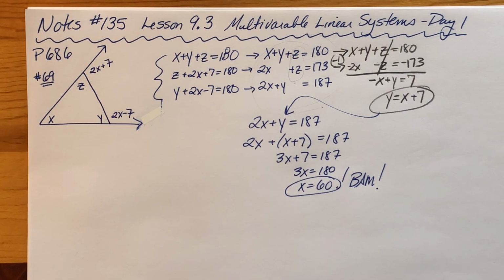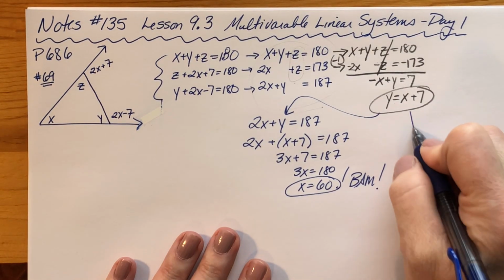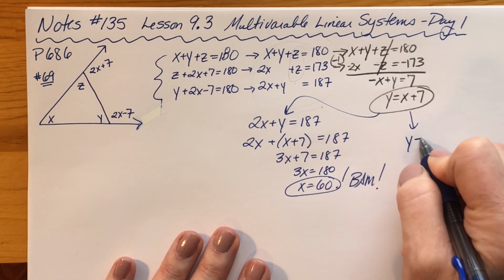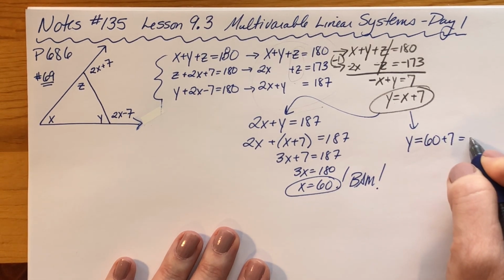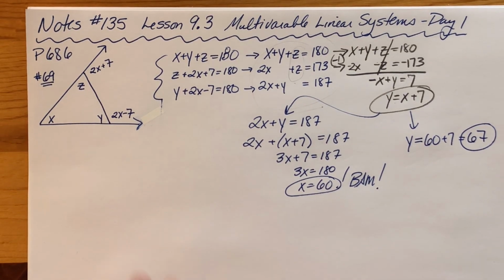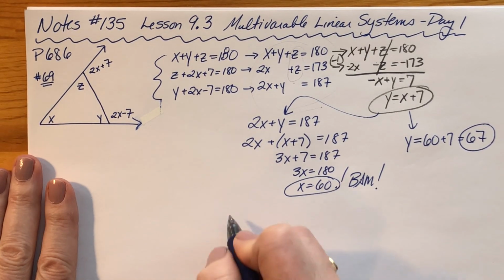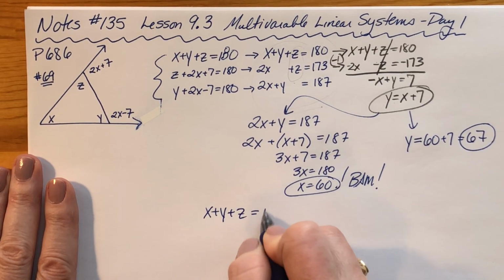All right, so let's see. If I know that x is 60, can I go ahead and use this? y equals 60 plus 7, and therefore y is equal to 67. I have x, I have y. Now I'm left with z. So I've got x plus y plus z is equal to 180.